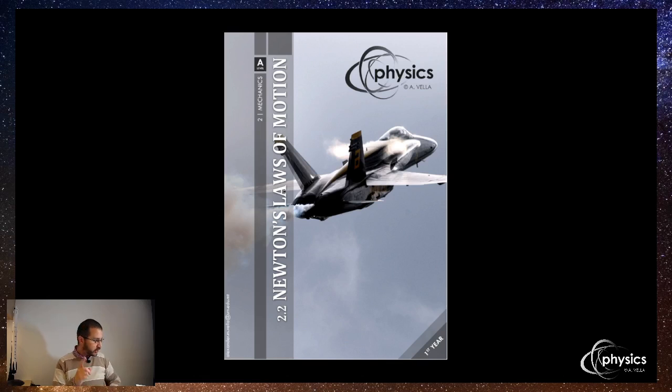In your notes, Newton's laws of motion, from page 46 to page 57, you have an appendix where you have very detailed descriptions, very detailed discussions about each type of force that we're going to use throughout the topic. All right, throughout the topic.